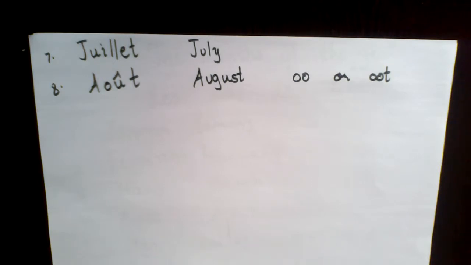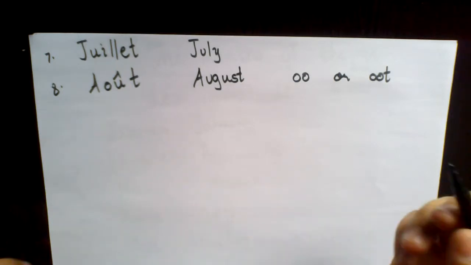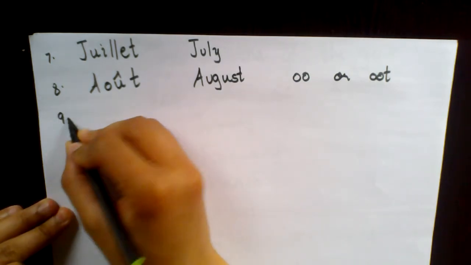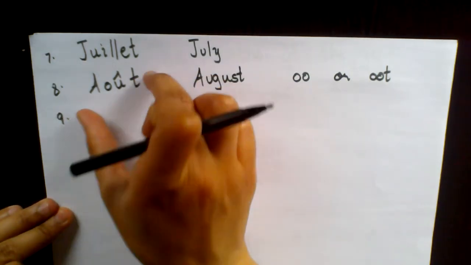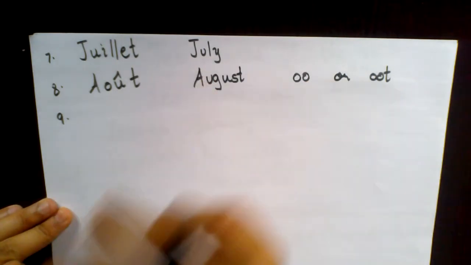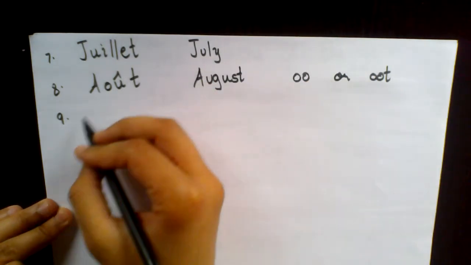In the next lecture, I will be telling you which words are feminine and which words are masculine, at least the basic rule by which more than 90% of the words are feminine or masculine. There will be a link below this video. Do not worry for now. You remember the pronunciation of the month. So this is "Ou" or "Out", which is August.